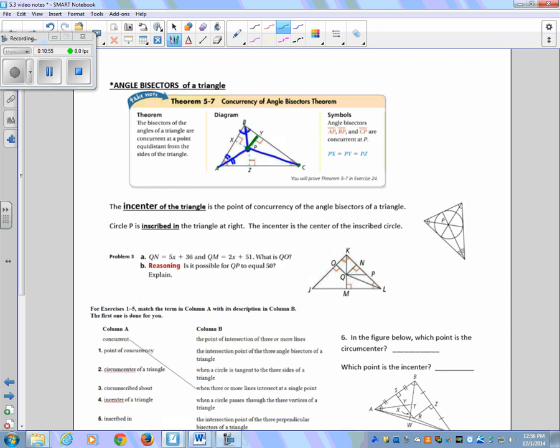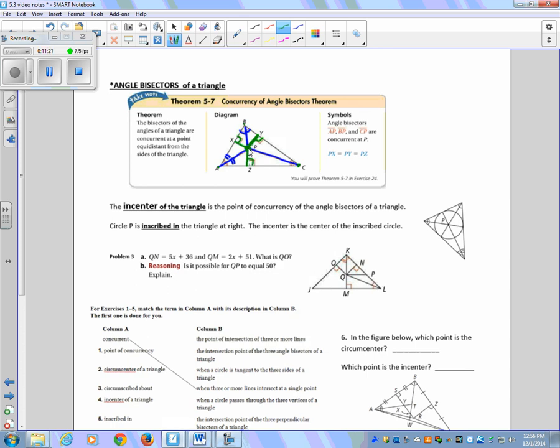If you are at this point of concurrency where the three angle bisectors meet, if you were told to walk the shortest distance to each of the edges of this triangle, you would walk along that perpendicular path. Remember, we learned the distance from a point to a line is along the perpendicular. It's the shortest distance.